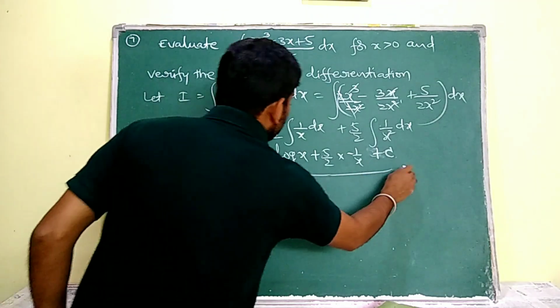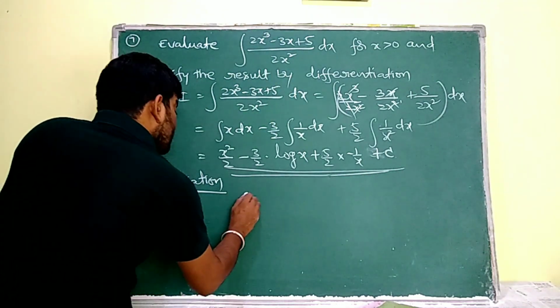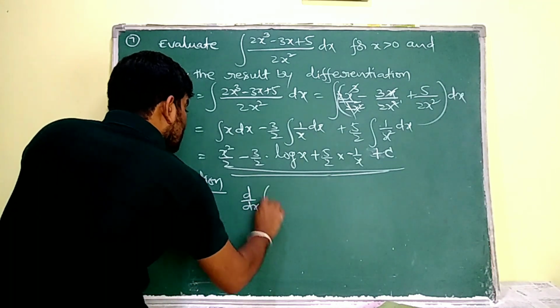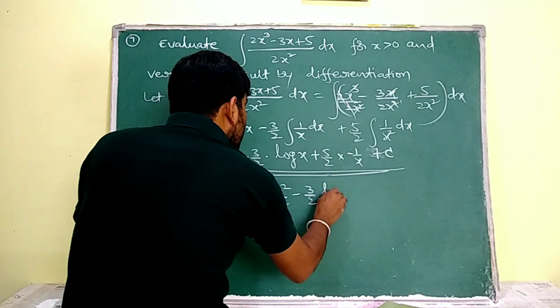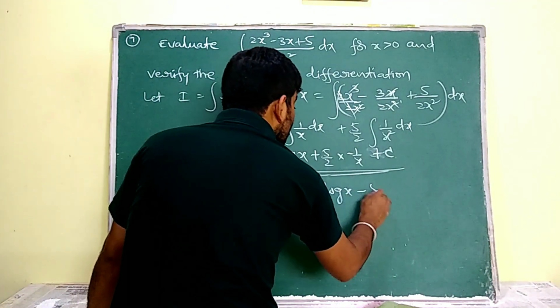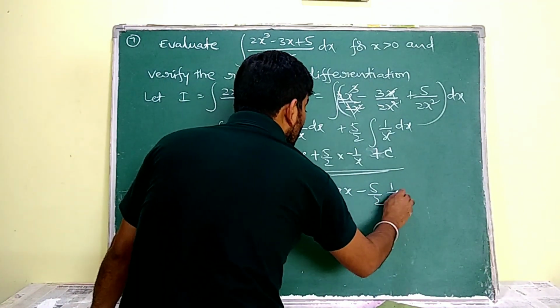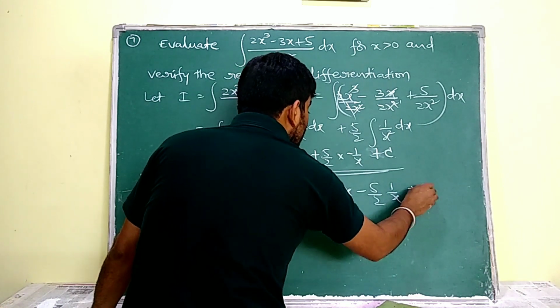That means we have to differentiate this now. d by dx of x square by 2 minus 3 by 2 log x minus 5 by 2 into 1 by x plus c.